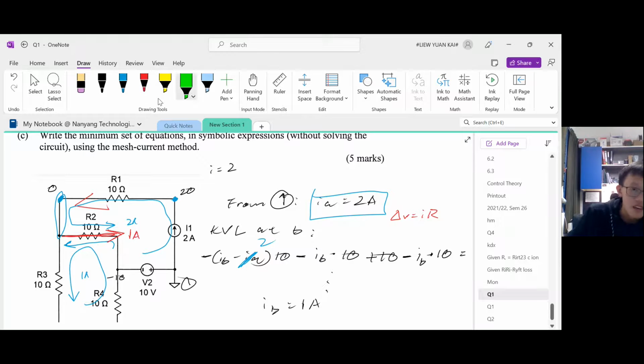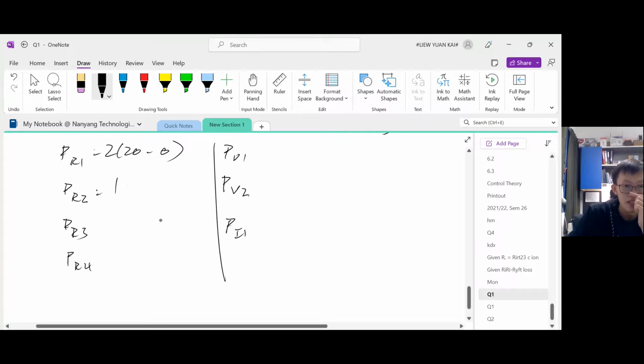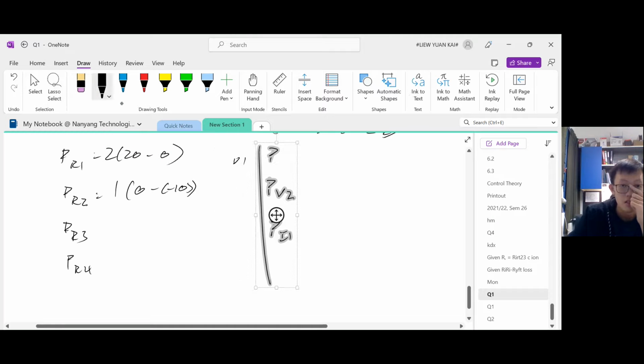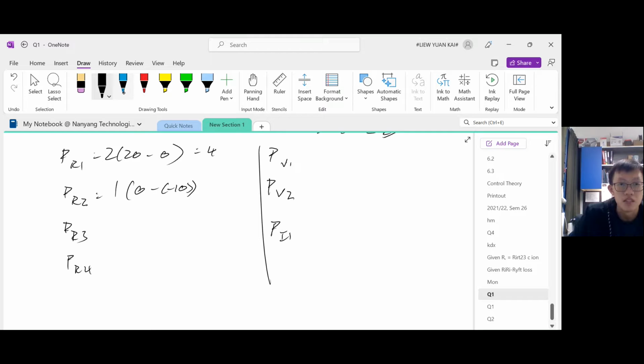Now, what is the V start minus V end of R2? It starts at 0, it ends at -10. So the power is given by 0 minus -10. Oops, sorry, so this is 40 and this is +10.